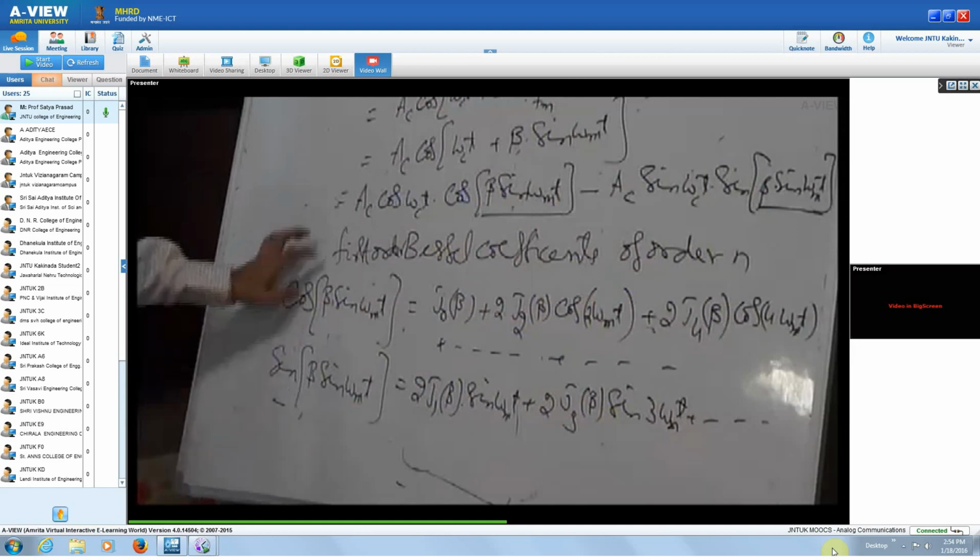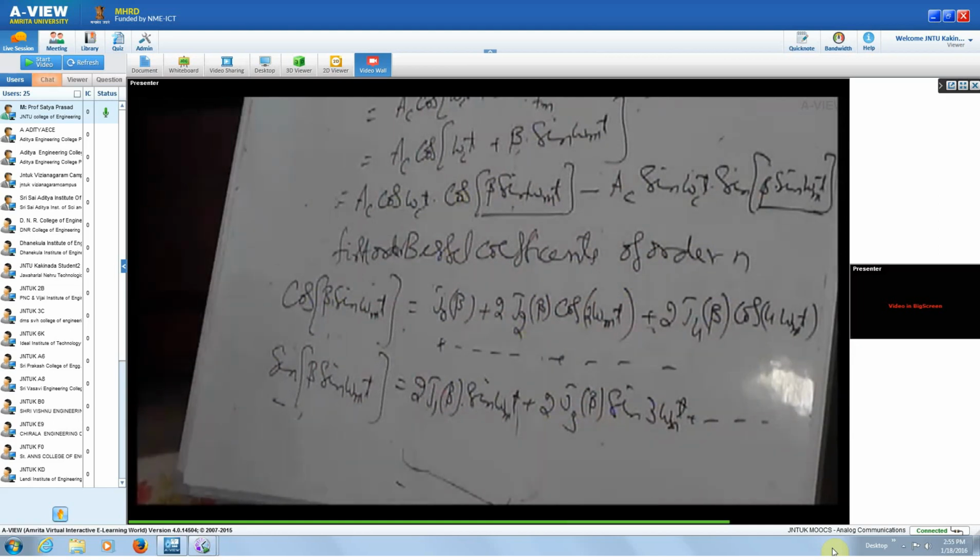These are the expressions of cos of beta sin omega m t and sin of beta sin omega m t.